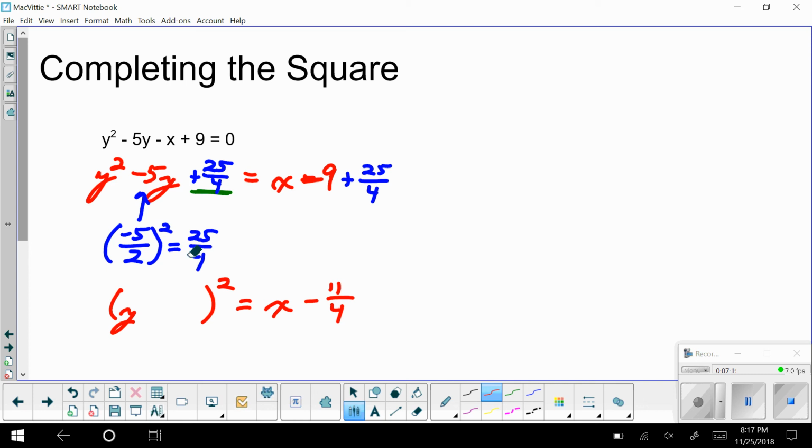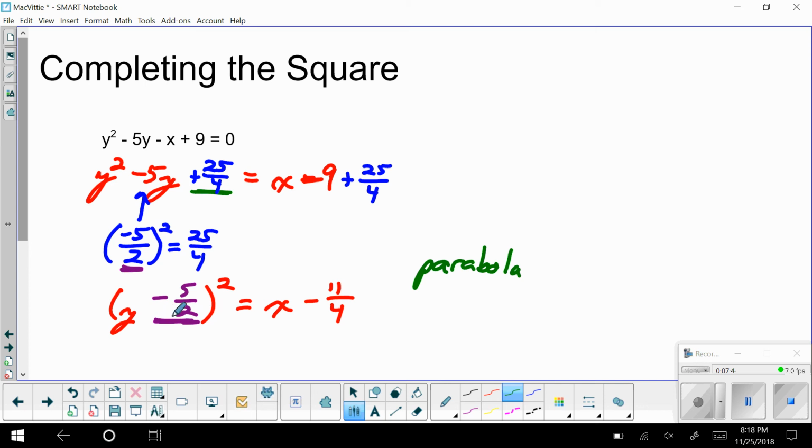Now, quick shortcut. What's going to go into this spot right here is actually that b divided by 2 part. That's to save us some time there. So -5/2. So what I can see is this is a parabola. It's either opening left or right.